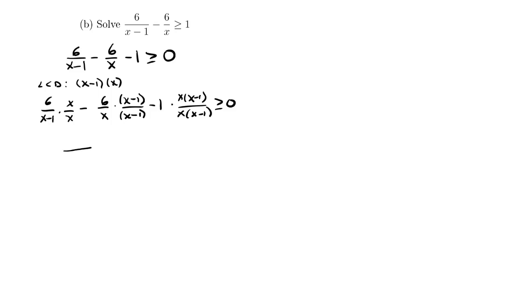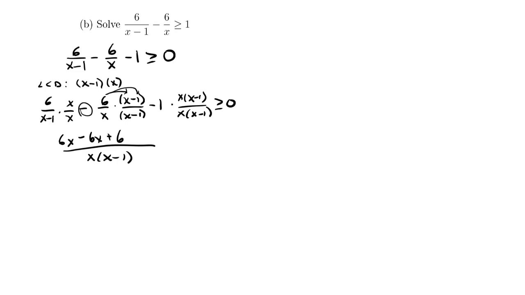All right, so now I'm going to put all of this over the x times x minus 1. So from the first, I'm going to get a 6x, and then remember I'm going to distribute, but be careful, there's a negative sign in front. So I'm going to get minus 6x, and then I'm going to get plus 6.